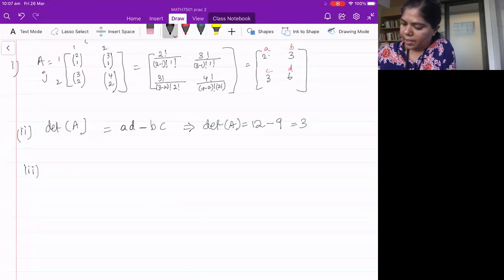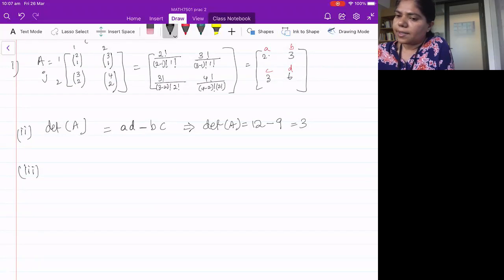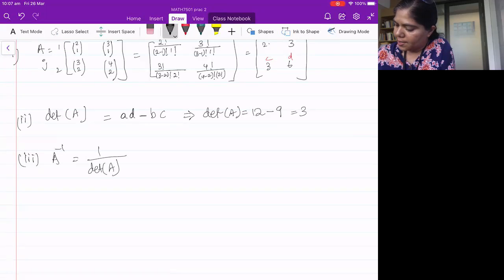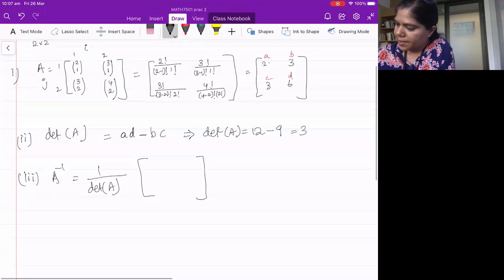And the third part is, if it exists, determine A inverse, or otherwise indicate the inverse does not exist. A inverse is given by 1 by its determinant, which is not 0, so it exists. And then we would flip this diagonal, 6, 2, and take the negative.